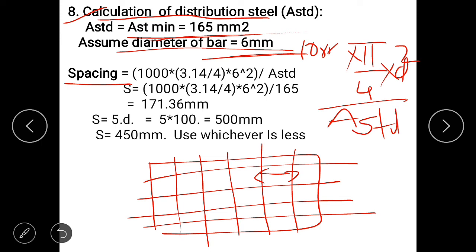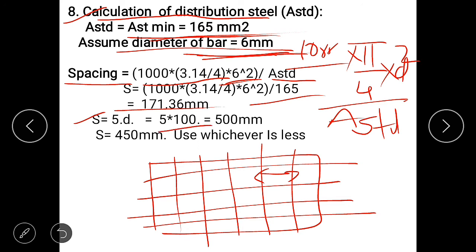Here diameter of bar is 6, squared. AST distribution is 165. So the answer of spacing is 171.36.